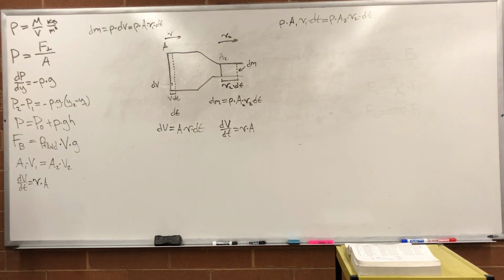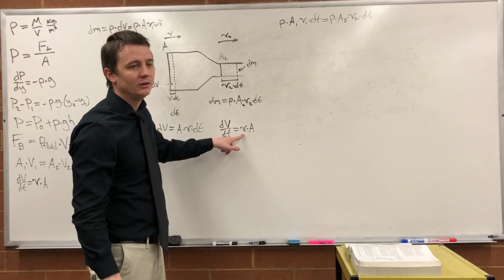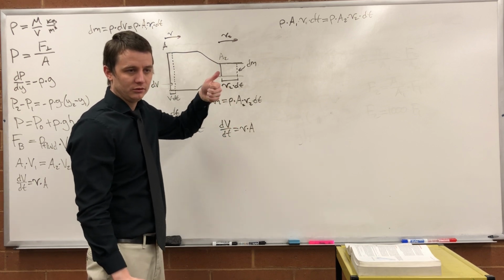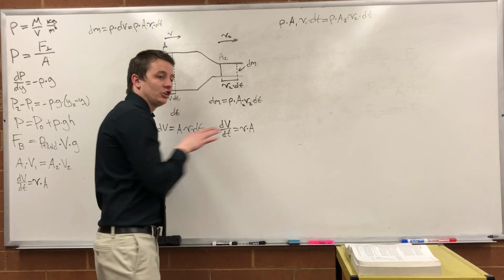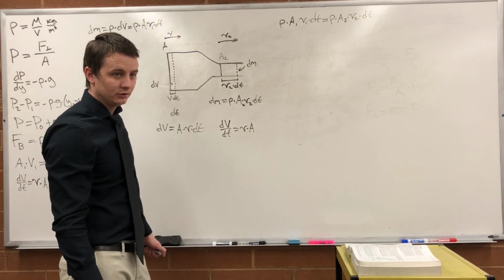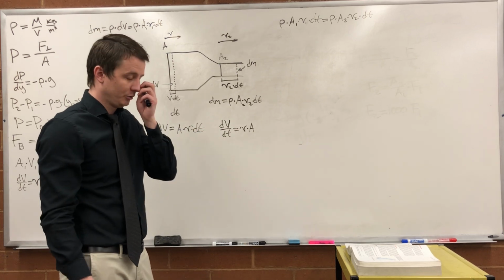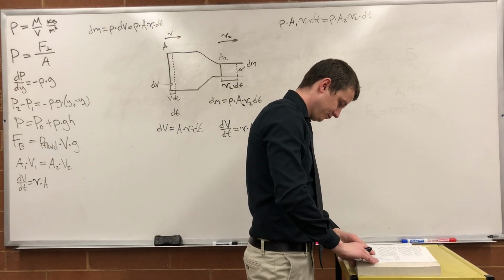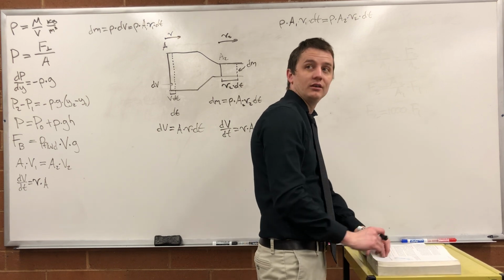And that's fairly intuitive. If I kept my velocity the same, but I increased the area, then more water flows through. If I keep my area the same, and I increase the velocity of the water, more water flows through. So our flow rate increases with the volume and the area, or with the velocity and the area. Good?